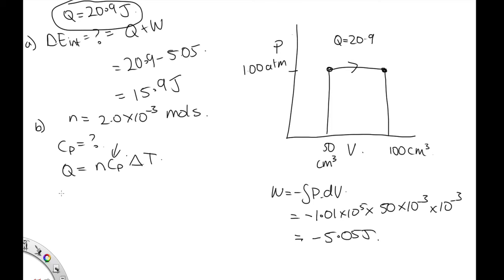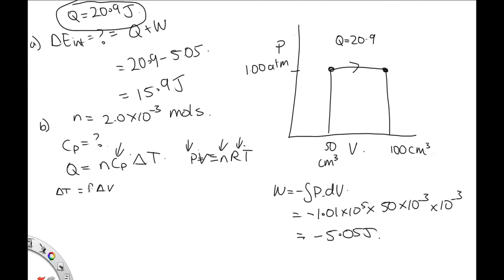Now this is an ideal gas, so we have PV is equal to nRT. Our pressure's constant, so our change in temperature is proportional to the change in volume. So the change in temperature will be the change in the volume times the pressure over nR.